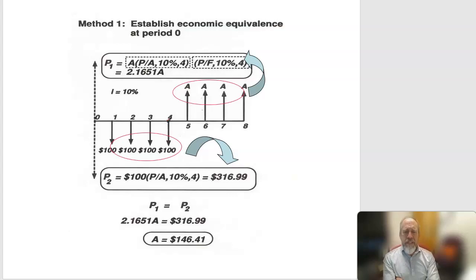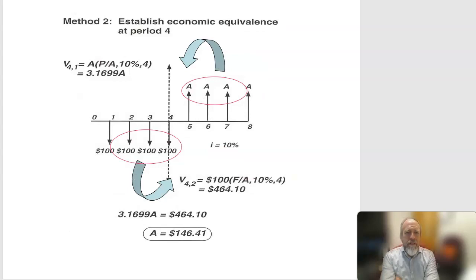I'm going to leave this up here for a second because you will want the numbers. What I expect you to do is the calculations, either by hand or with a spreadsheet, and see if you get the same number. The concept is not terribly difficult. Or you could calculate the equivalence at time period 4.